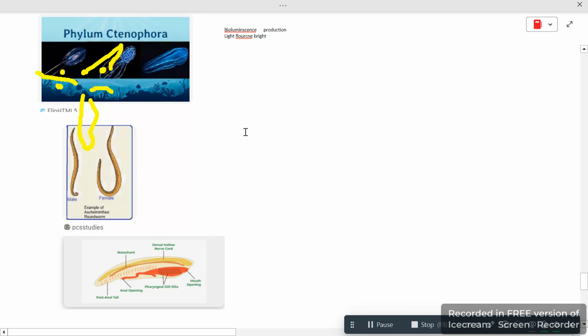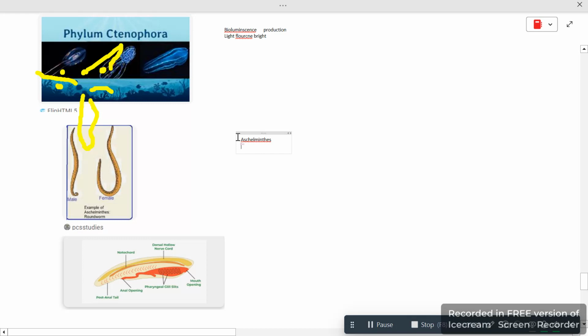Then we have the third one, this is the phylum Aschelminthes.